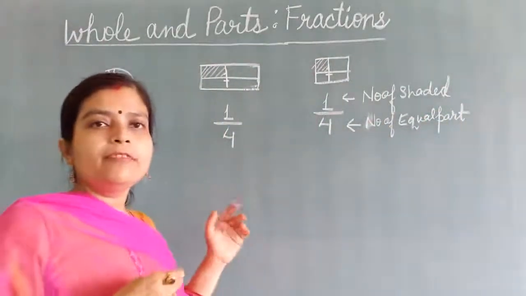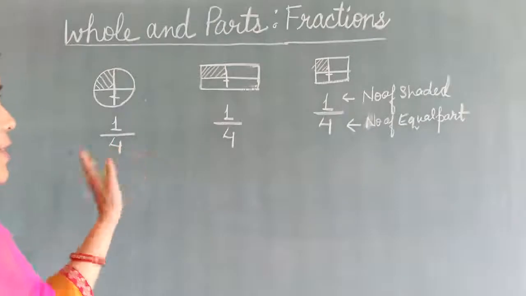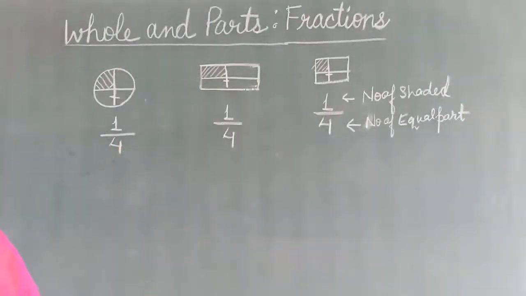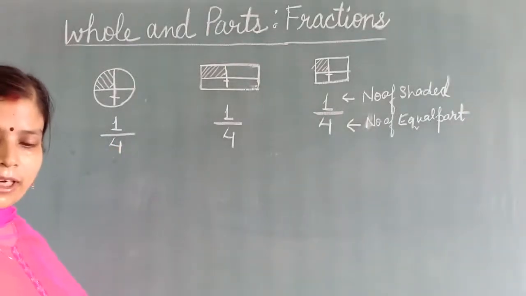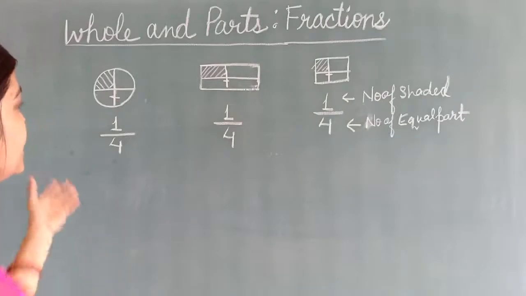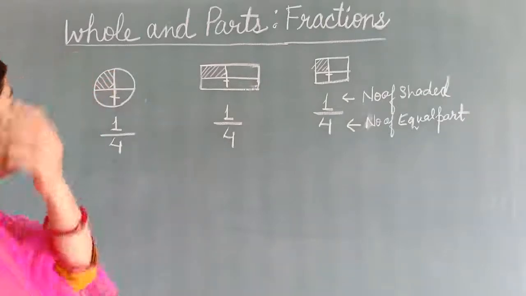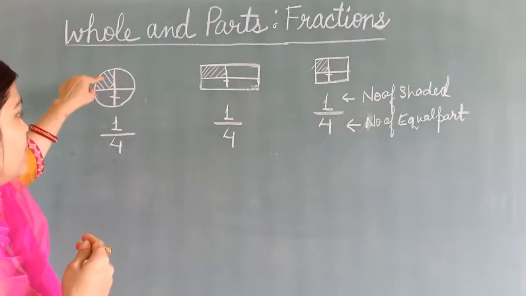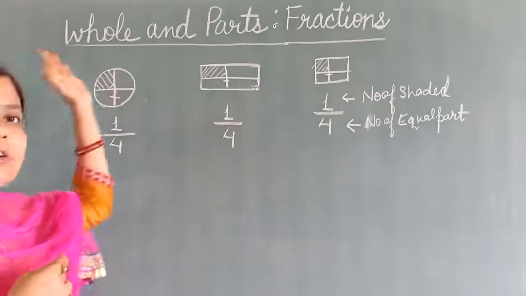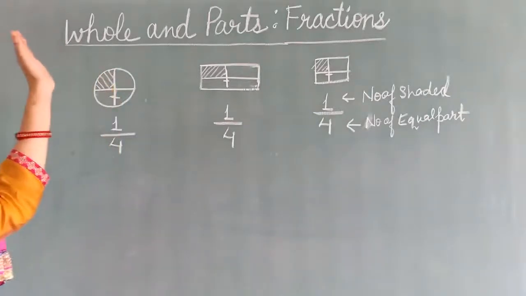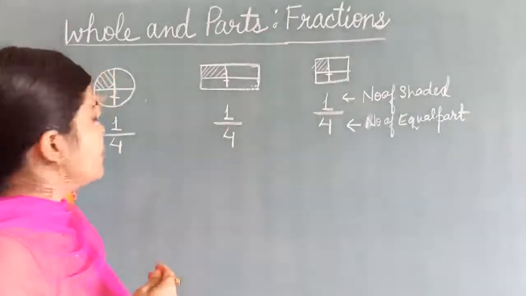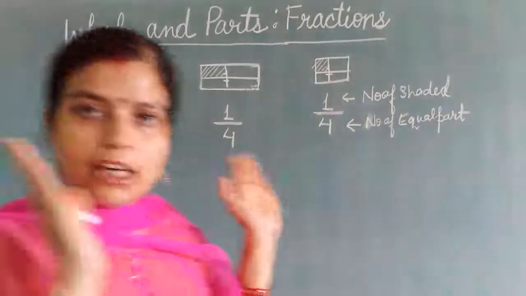So the rule of writing a fraction is like that. First we have to count, if any figure is given, the part of the whole being taken. How many parts? Okay. That is 1 of the whole it is taken. Then into how many equal parts is it divided? 4 equal parts. Both things you have to know.